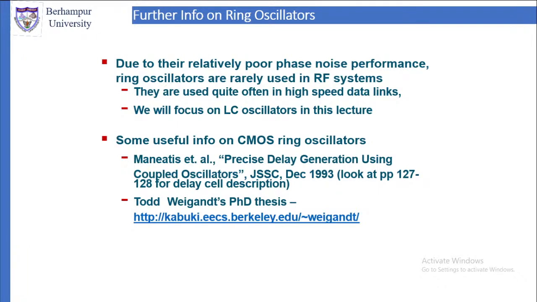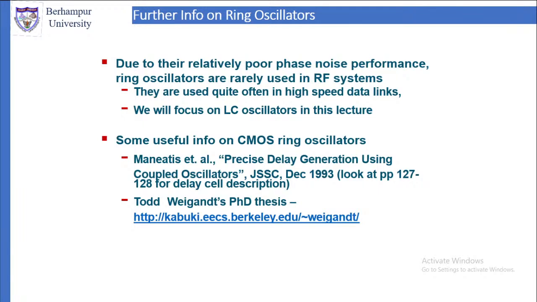RF systems avoid the ring oscillator, but ring oscillators are quite often found in high-speed data links because they do not use RF systems. So therefore, we will focus on LC oscillators in our discussion today.